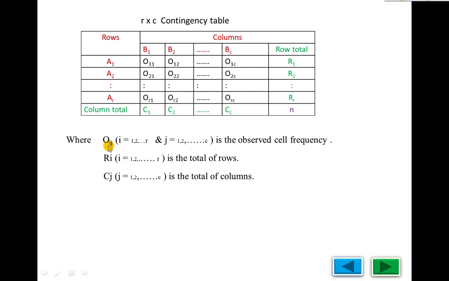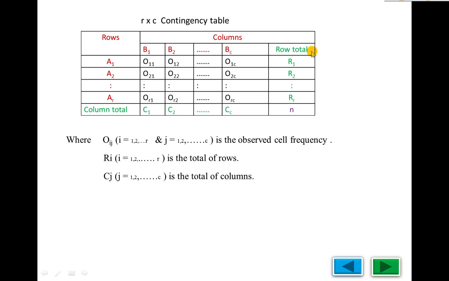There is a standard notation used for I and J for different rows and columns. Oij means if I equals 1, J will be 1, 2, 3, 4, 5 up to C. Here the row is fixed at 1, J will be 1, 2, 3 up to C. Next the row will be 2, and J will again be from 1 to C. So Oij means the observed frequency of all cells of the rows and columns.